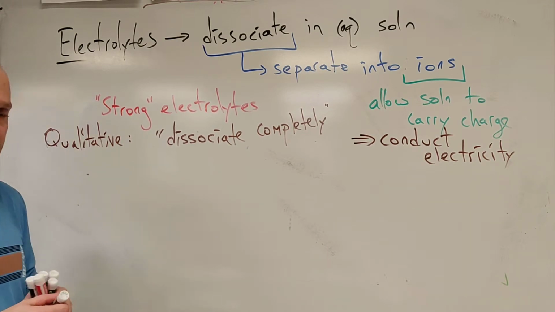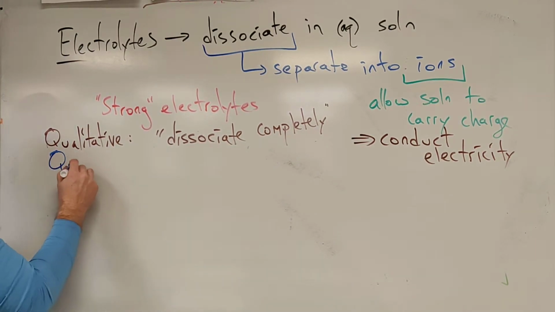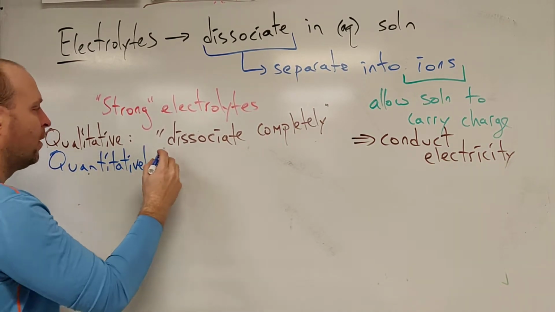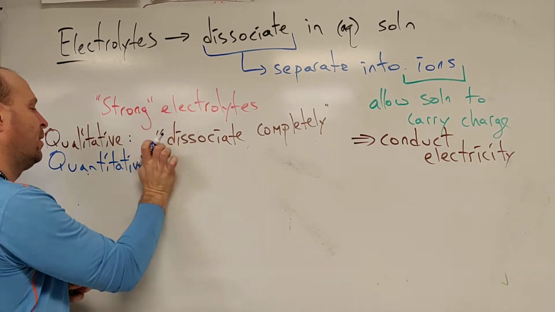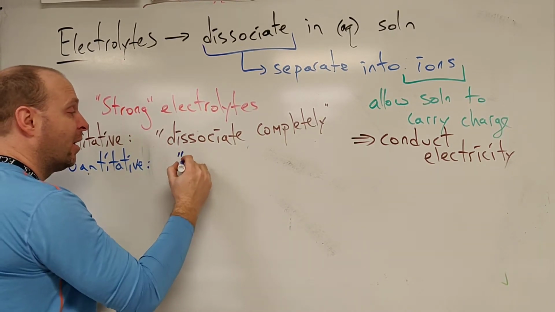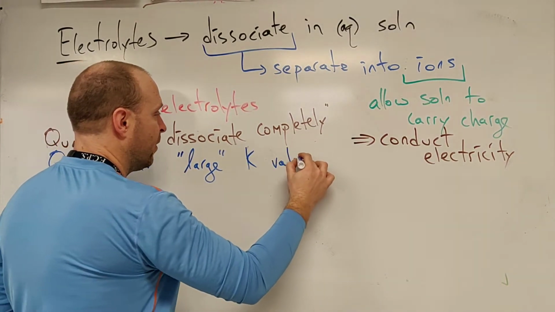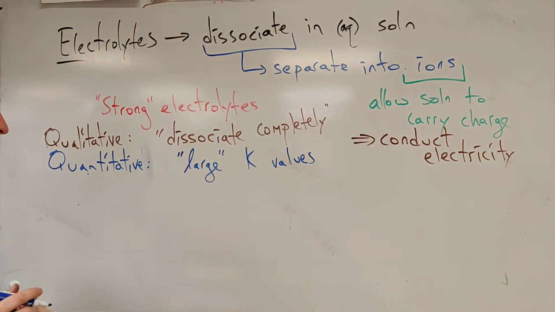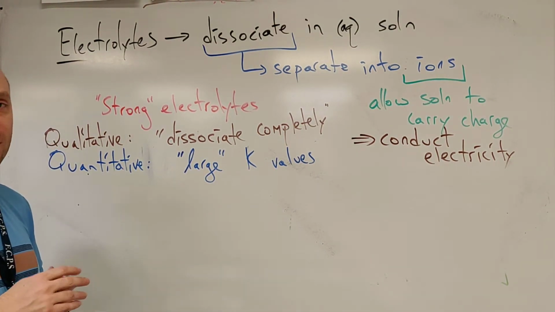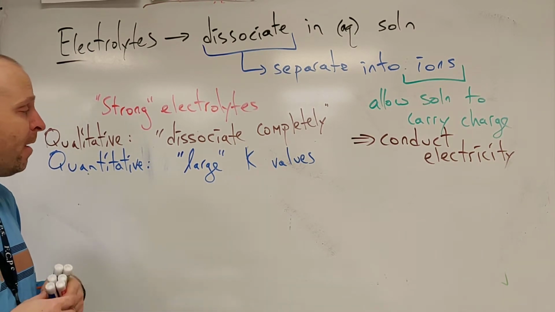So qualitatively, we can identify it that way, and quantitatively, we can look at this in terms of Ka. They have large K values. These are our equilibrium constants. And so the most common question is, how do I know what's large? And the answer is literally the word large, or the word very large, all right?